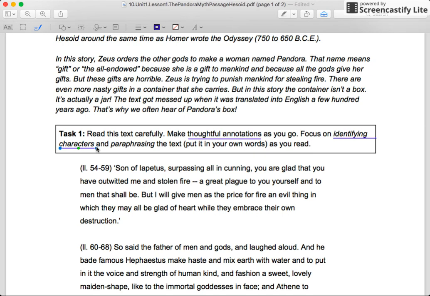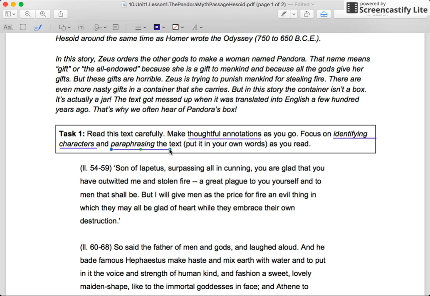They're going to have epithets based on either who their family are, who their parents are, tasks that they've done, stuff like that. So we want to be on the lookout for making sure we know who all these characters are. The other thing I'm going to really want you to think about is making sure that you're paraphrasing the text, that you're able to say back to yourself what each and every paragraph means. That'll make it a lot easier as you go through this text and are figuring out what's going on.